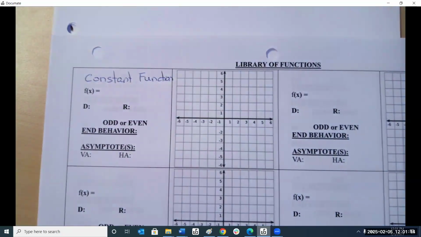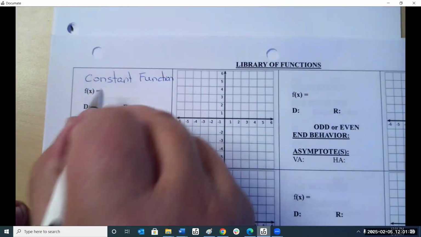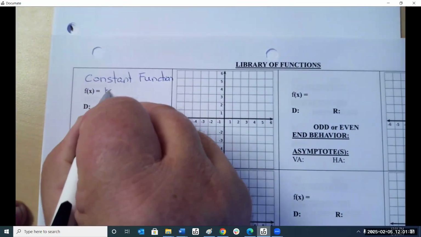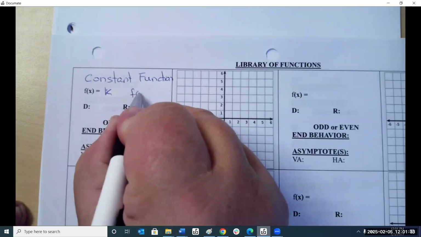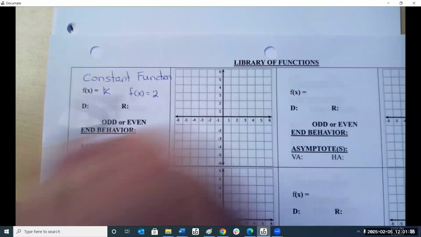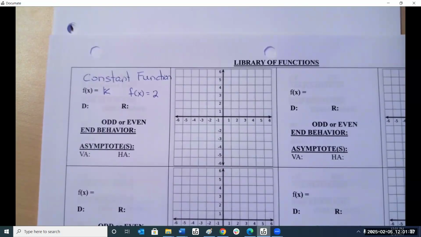What does a constant function look like? For example, this would be a constant, so it's a k. So let's say we had f of x equals 2.